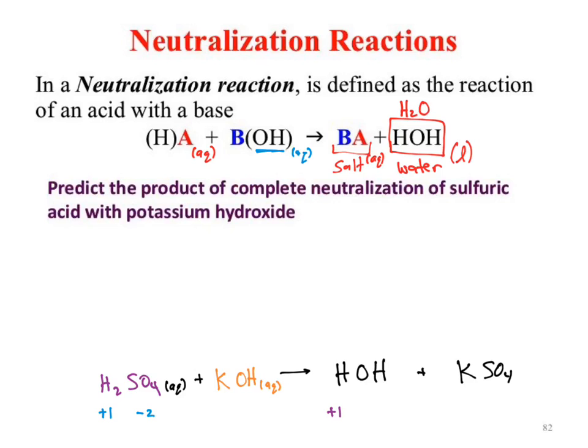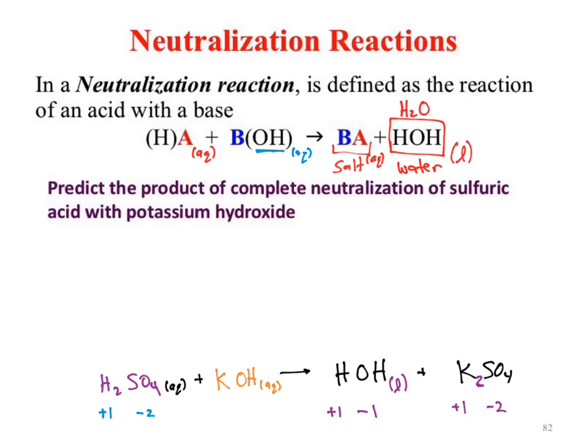A +1. Charge on hydroxide? -1. Is that formula correct? Yes. What phase is it? Liquid. Charge on potassium? Charge on sulfate? -2. Is it balanced? What do we need? 2 where? 2 is a subscript after the potassium, and we now have our potassium sulfate.